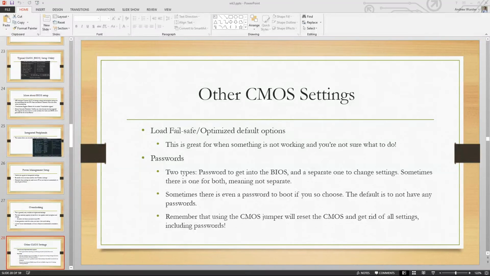Get started again. As I mentioned, you can set a password to get into the BIOS, and you can have another one to change settings. Sometimes there's one for both. And occasionally there's a password to even boot up, which is frankly very irritating.